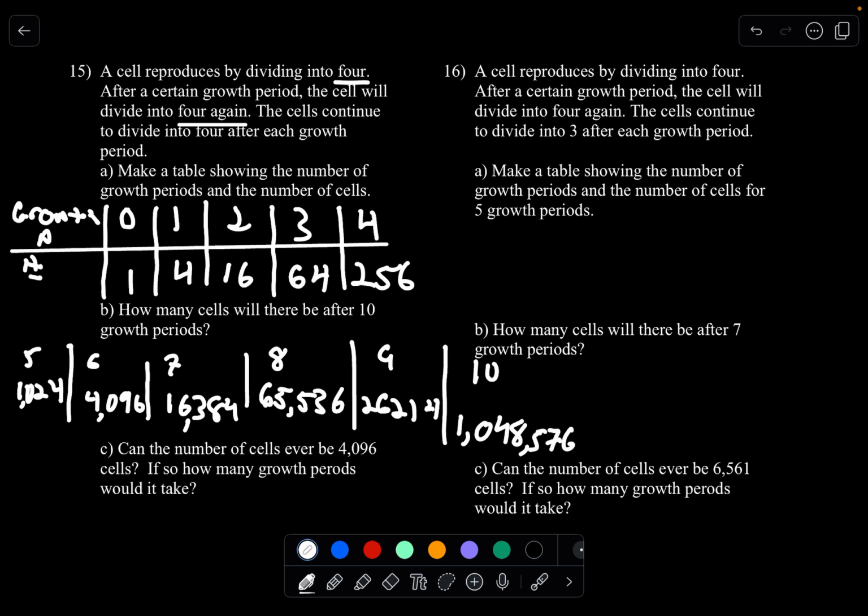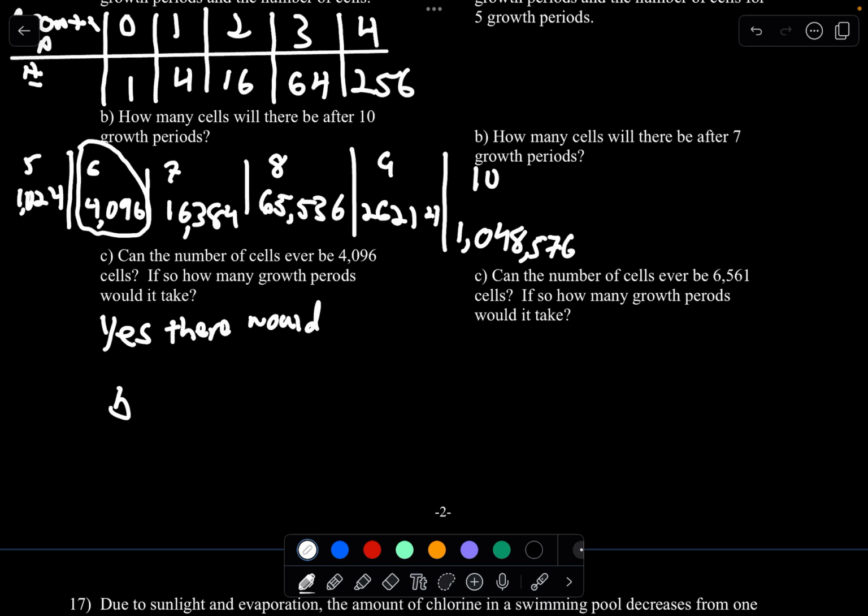So the question is, can the number of cells ever be 4,096 cells? If so, how many growth periods would that be? Well, you can see from your table, yes, it can, because it's right here. When you made your table, you got to the 6th growth period, and the number was 4,096, so the answer is yes.